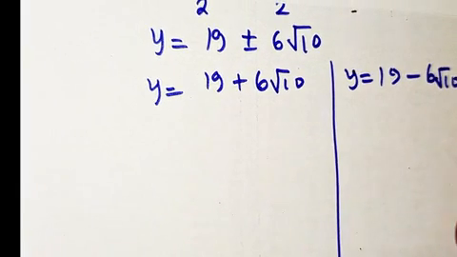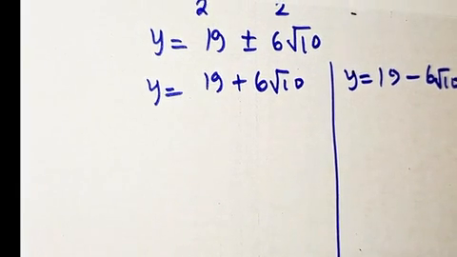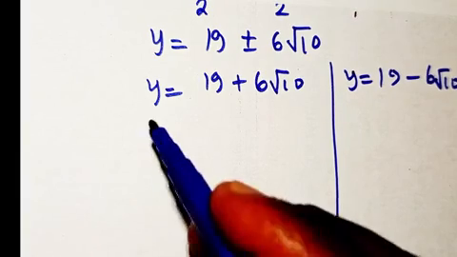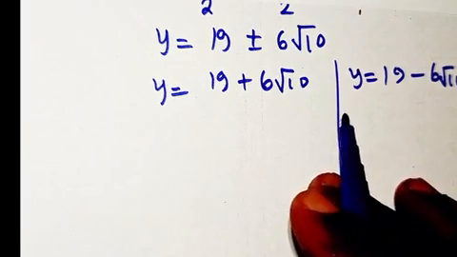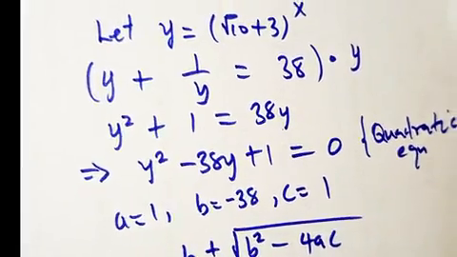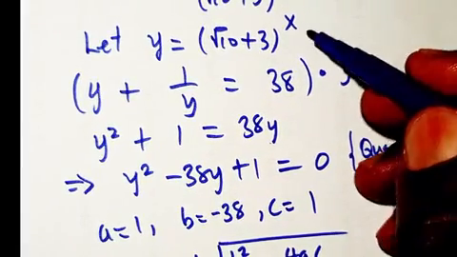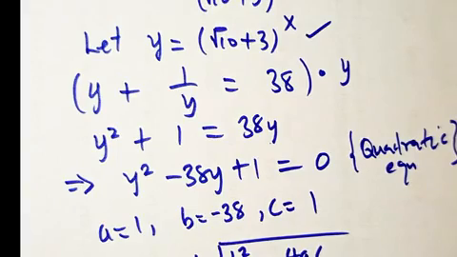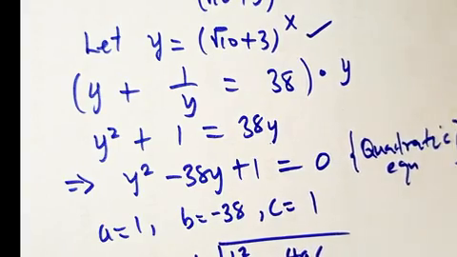So now what are we going to do here? We're going to do some manipulations. If you remember from the beginning, we said y is root 10 plus 3 to the power of x.